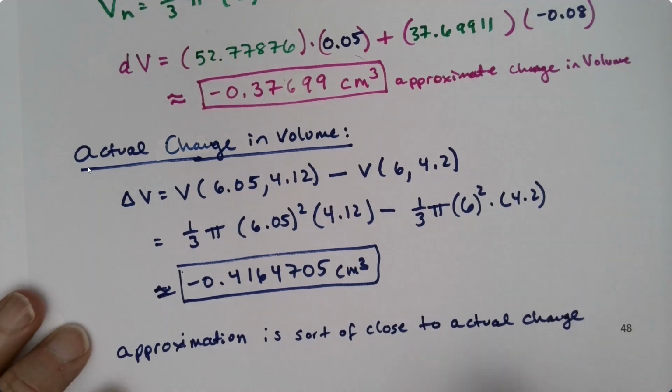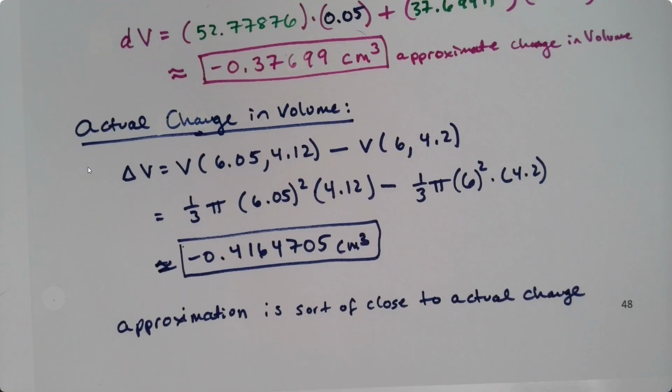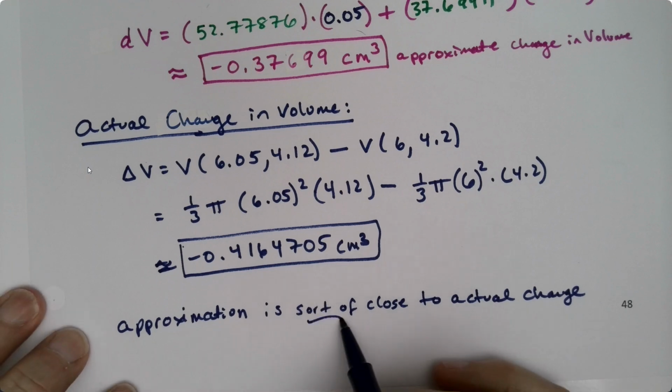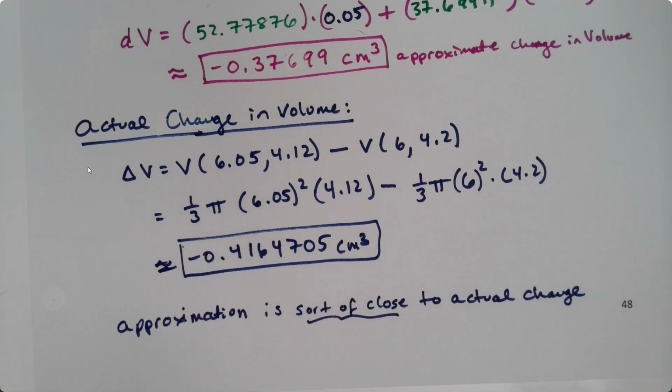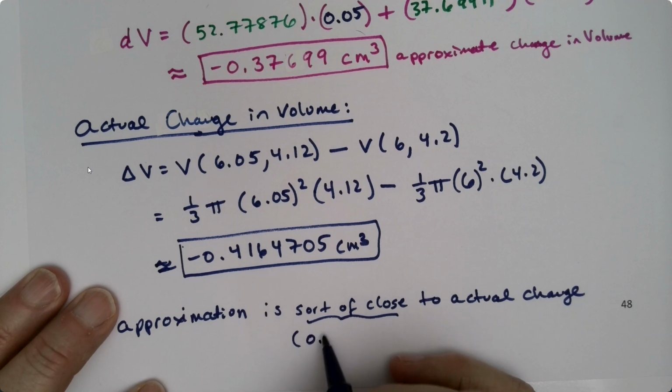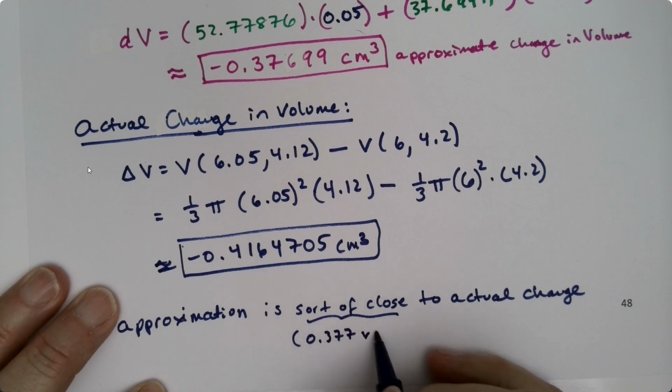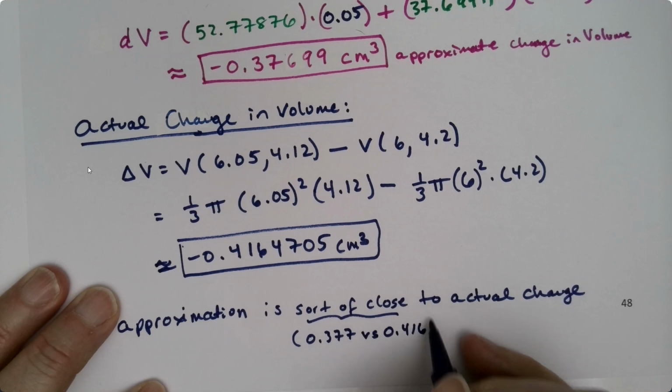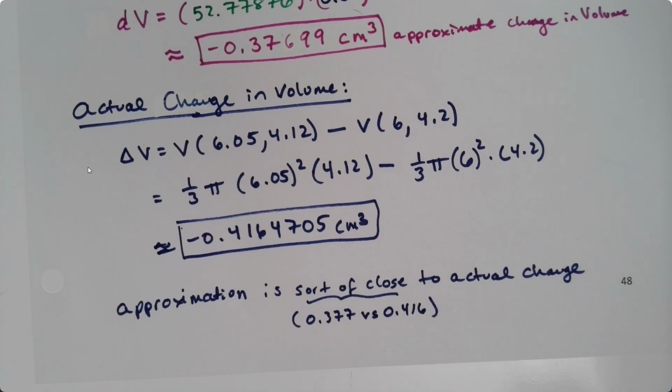But again, that might be close enough for what you're trying to do, right? So sort of close, right? So 0.376 to 0.416, right? So they're both about 0.4. They're close, but they're not super close. They're not as close certainly as the last example was, where they were the same for the first 3 decimal places or so.